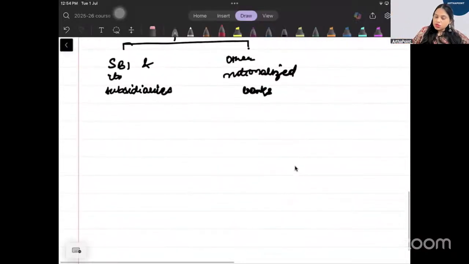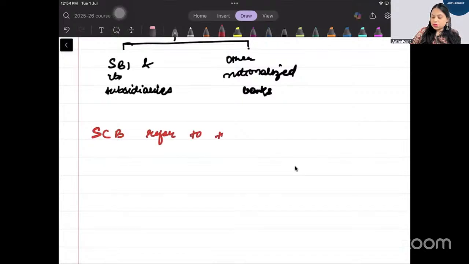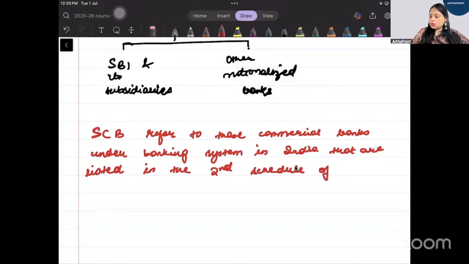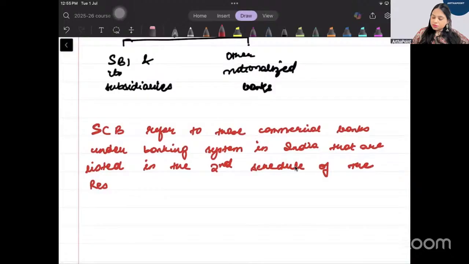So please write down. Scheduled commercial bank, I will just write SCB, refer to those commercial banks under banking system in India that are listed in the second schedule of the Reserve Bank of India Act 1934.